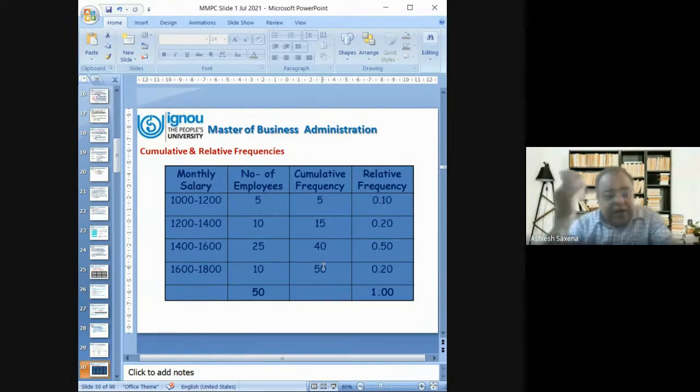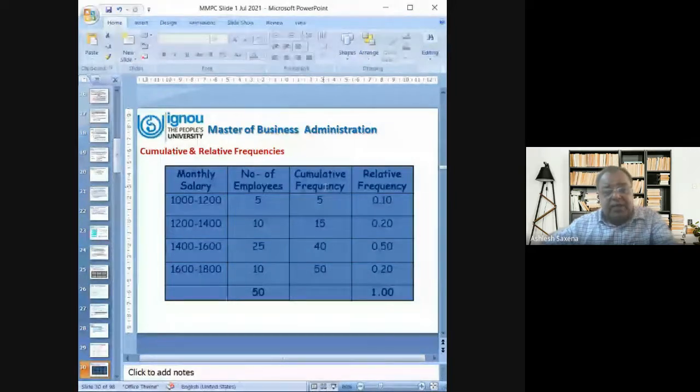Now, while doing calculations, you might wonder how to check that what you have written is correct. So keep one thing in mind: the total frequency will be the last value in the cumulative frequency column. This 50 and this 50 will be the same.